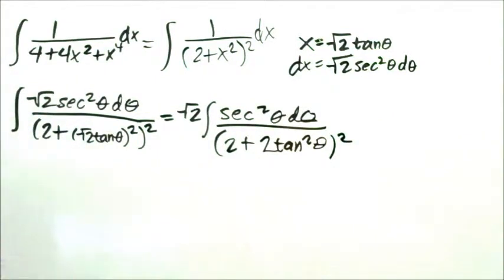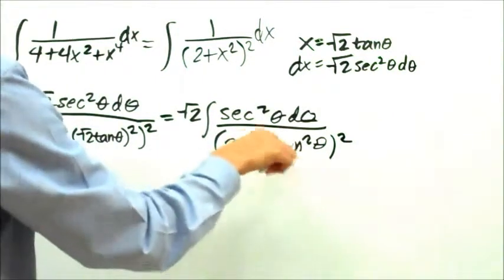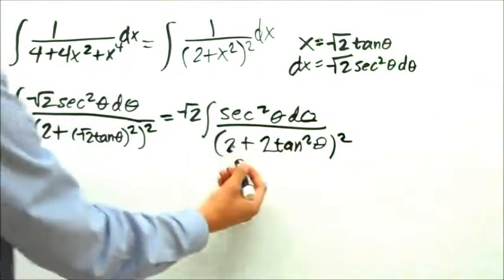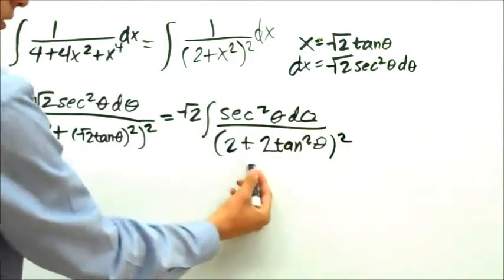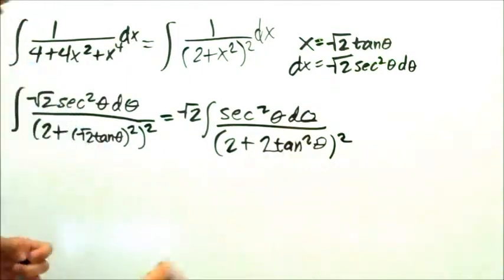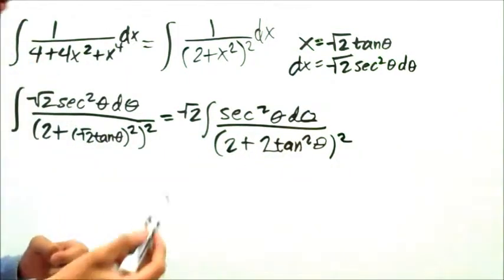So from here we can pull out a 2 from this denominator, and we're left with 1 plus tangent squared theta, which is equivalent to secant squared theta.